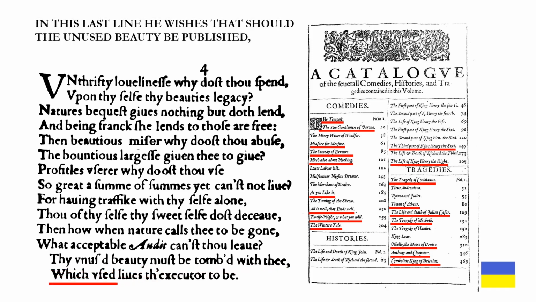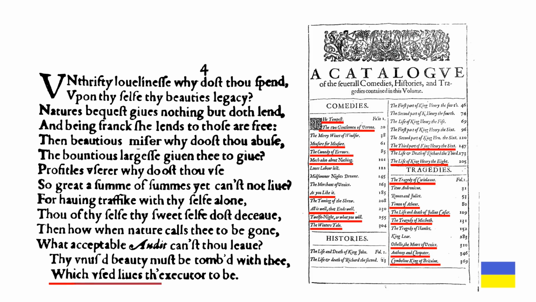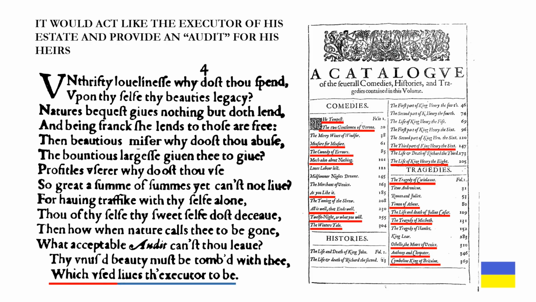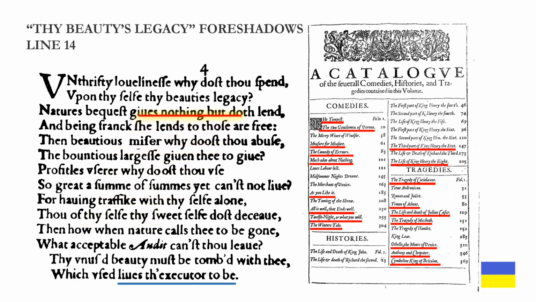In this last line, he wishes that should the unused beauty be published, as in which used, it would act like the executor of his estate and provide an audit for his heirs. That's what he means by lives the executor to be. Thy beauty's legacy in line 2 foreshadows line 14.